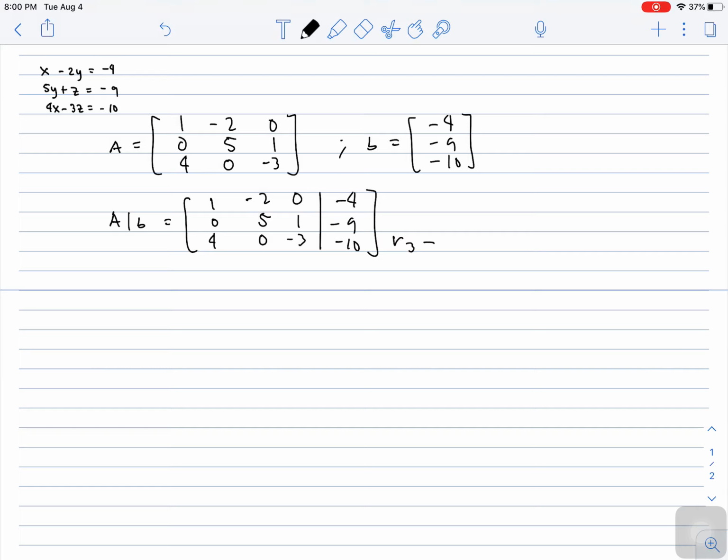So, third row minus the multiplier multiplied by the pivot row, which is R sub 1, is equals to our new R sub 3.